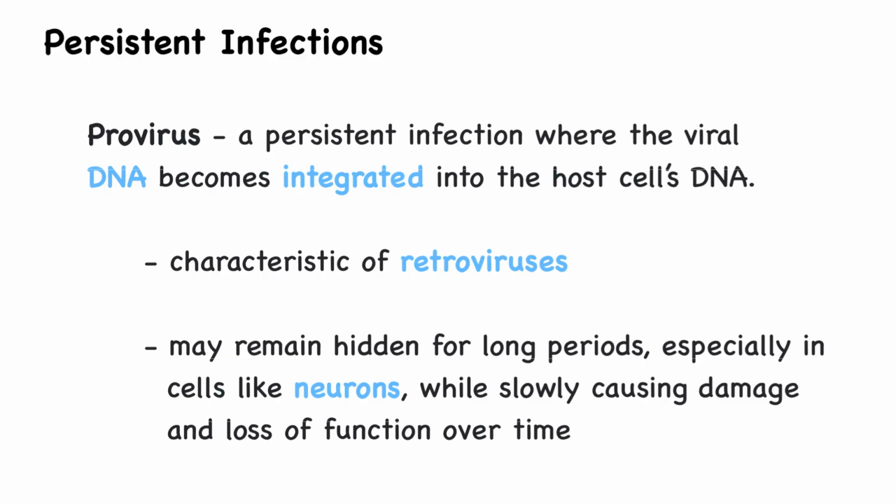A provirus is a persistent infection in which the viral DNA becomes integrated into the host cell's DNA. This is characteristic of retroviruses. Once integrated, the viral genome may remain hidden for long periods, especially in cells like neurons, while slowly causing damage and loss of function over time.